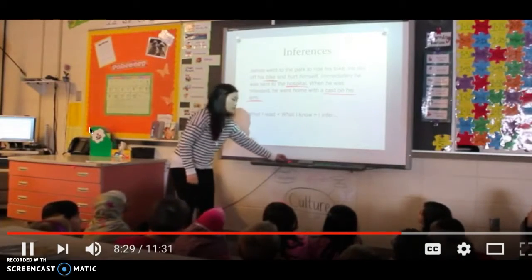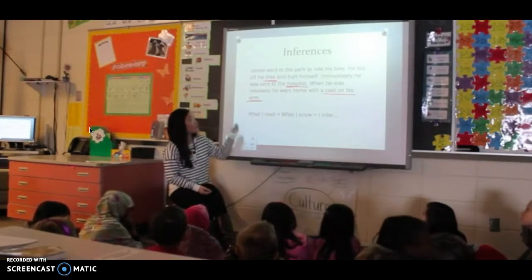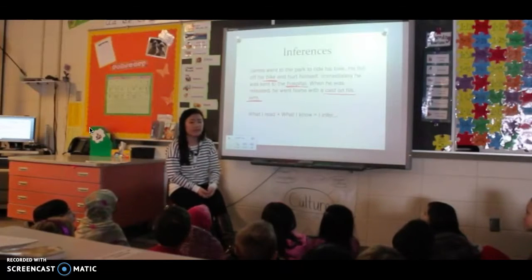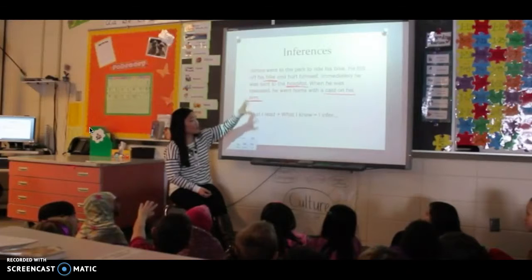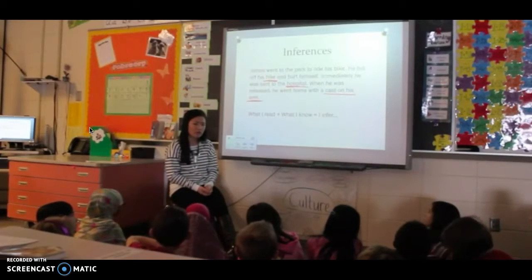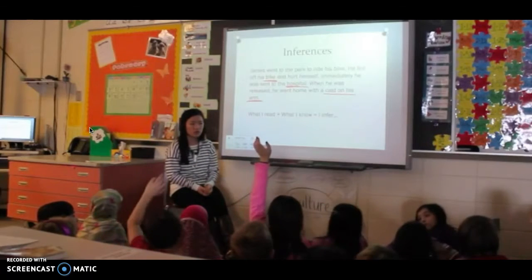All right. So those are some really good key details that we drew out from this. He fell off his bike, he went to the hospital, and came out with a cast on his arm. What we read was that stuff. Now we want to add it to what we know about that. What do we know about these things that I underlined?